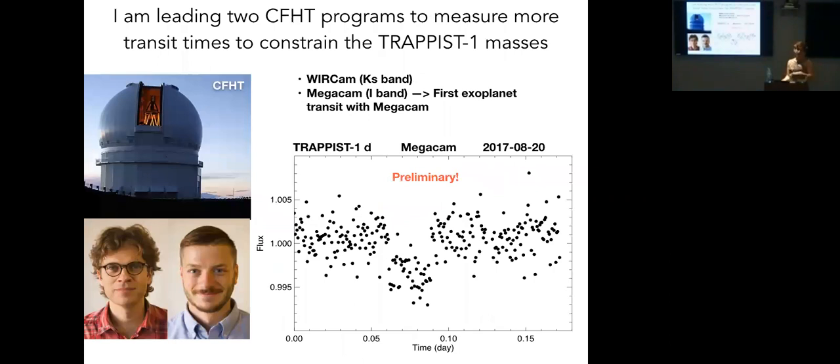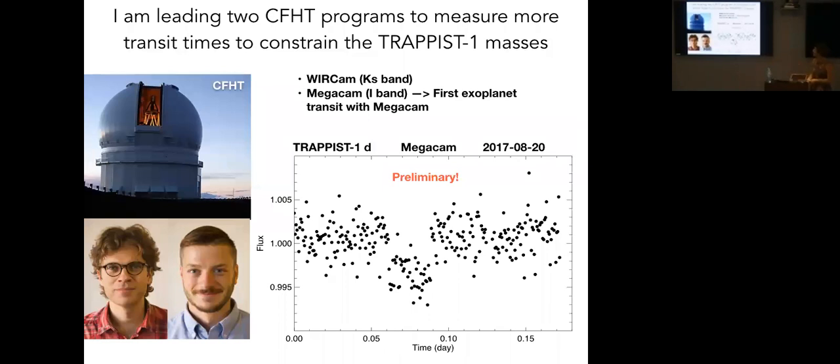So to mitigate this problem, I've been leading 2 CFHT programs to measure more transit times to constrain the TRAPPIST-1 masses. We've been using WIRCAM in the KS band and MEGACAM in the I band to get transits of the outer TRAPPIST-1 planets.